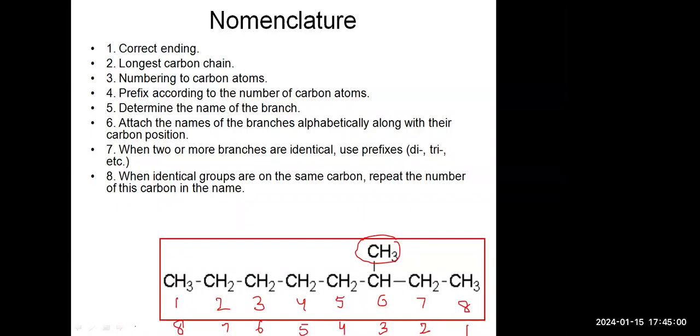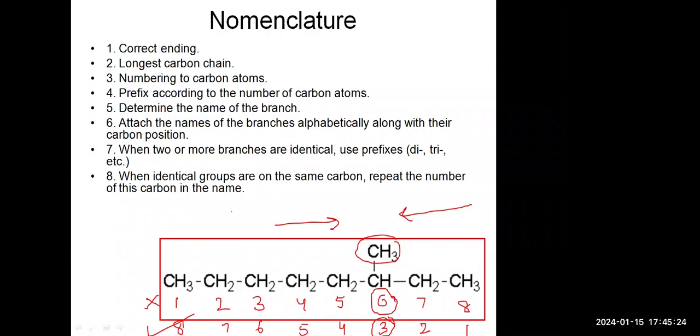So this is the correct way of counting, because a rule in chemistry says that we have to count in such a manner that the branch gets the least number. When we count this way, it is getting number 3, and if we count the other way, it is getting number 6.